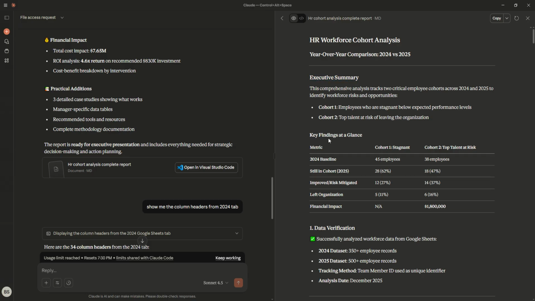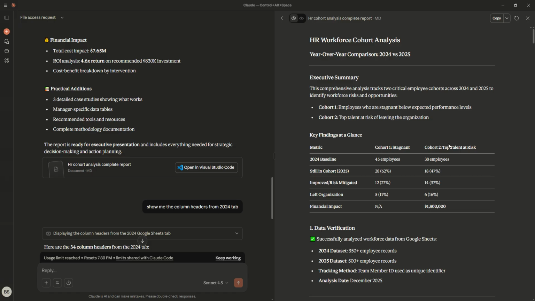Here are all the insights and the analysis that has been requested in the documentation files. As you can see, in the executive summary, this analysis tracks two critical employee cohorts across 2024 and 2025, comparing two different Excel files and identifying workforce risk and opportunities.